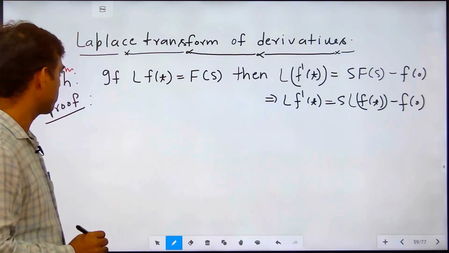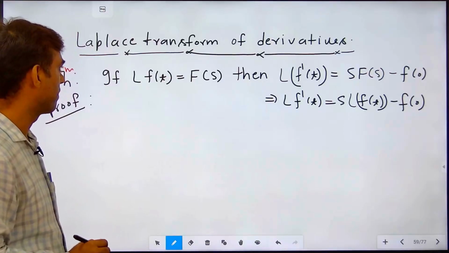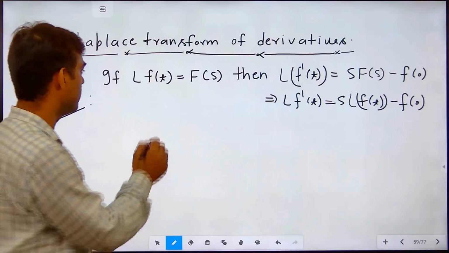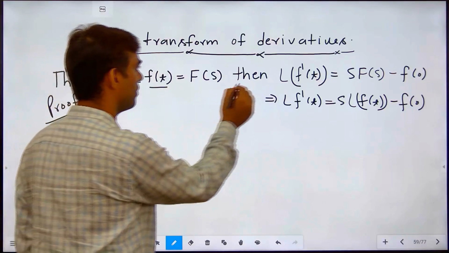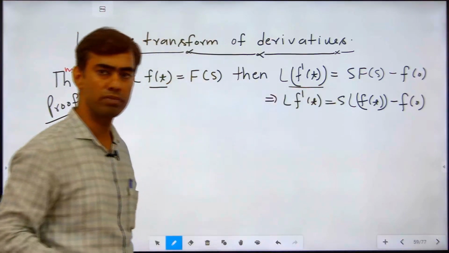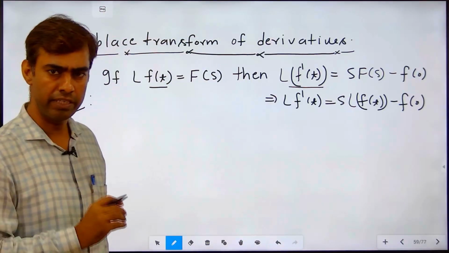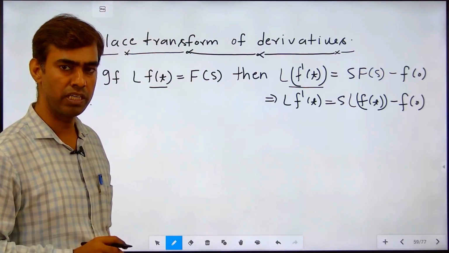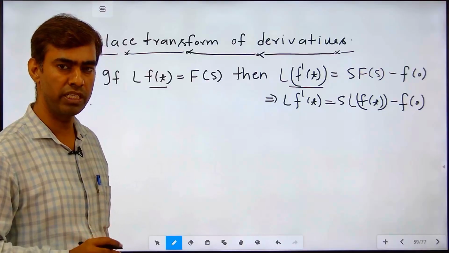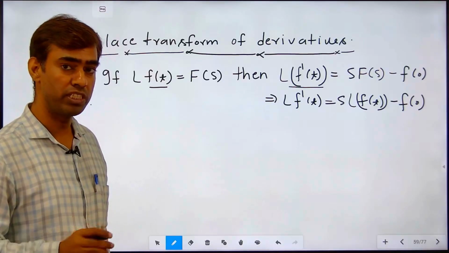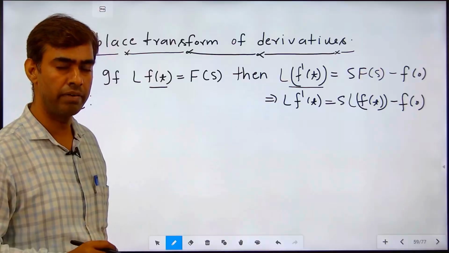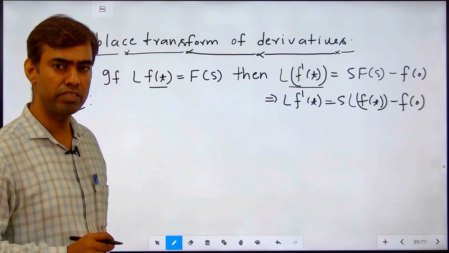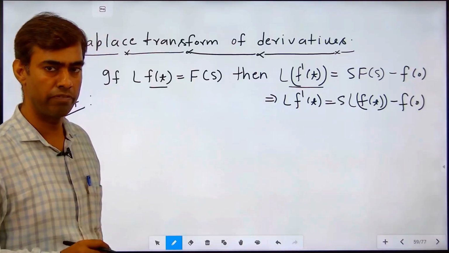Here it is necessary that f(t) and f'(t) both are from the category of class A functions. What is a class A function? A function is said to be a class A function if it has an exponential order as t tends to infinity and is either piecewise continuous or continuous from t equals 0 to infinity.